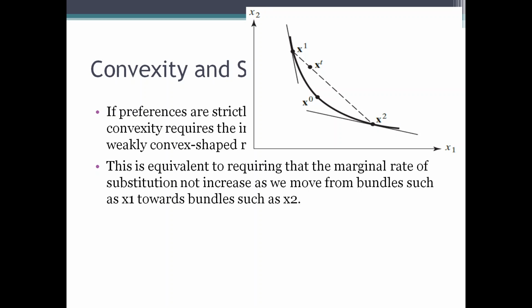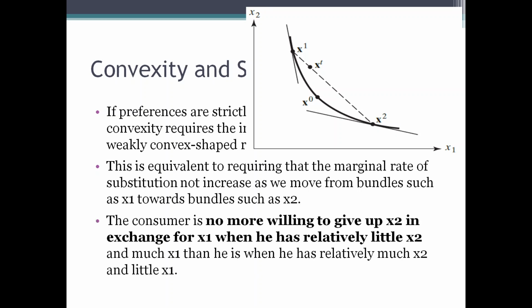Why so? Just by sense. The consumer is no more willing to give up the commodity x2 in exchange for x1 when he has relatively little x2 and much of x1 than he has when he has relatively much x2 and little x1.